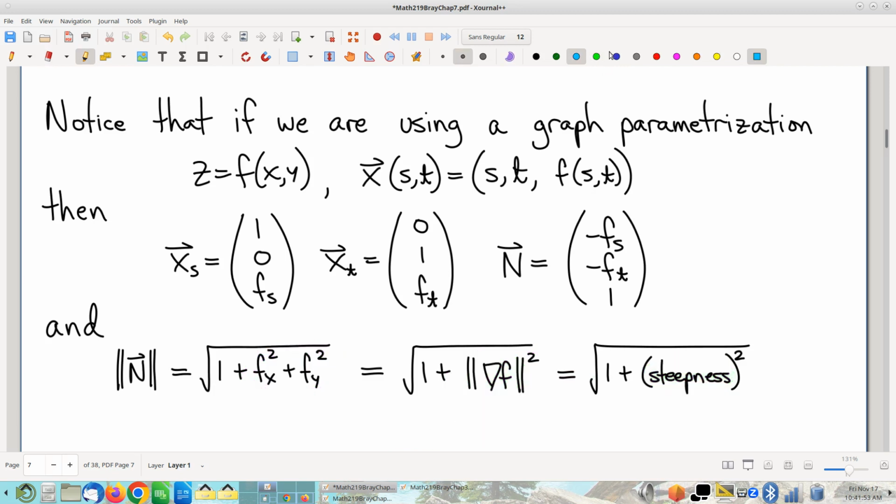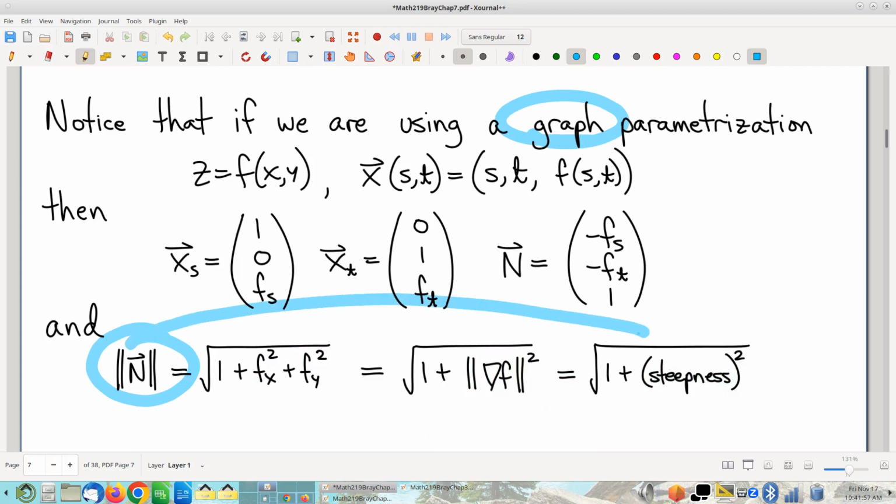When you are looking at a graph, your area stretching factor only depends on how steep the graph is. You don't even really have to write it algebraically as a function of x and y, although, of course, if you're doing computations, obviously you do. But intuitively it's very valuable to realize that it has this geometric interpretation.